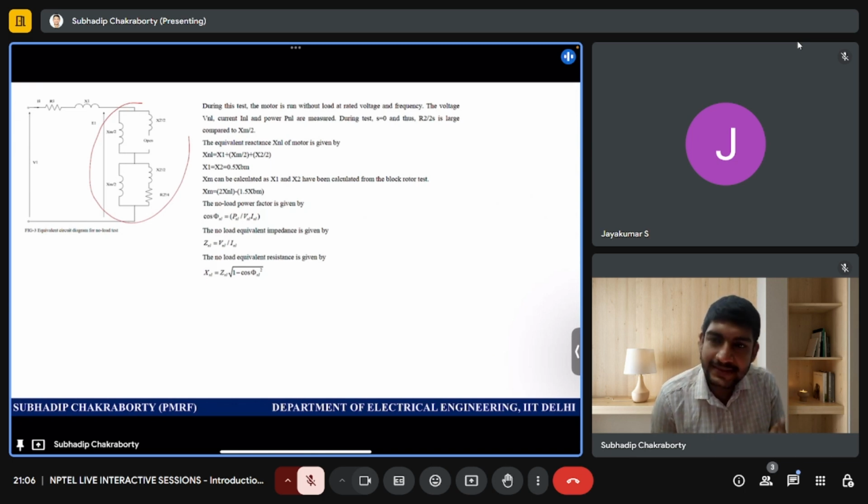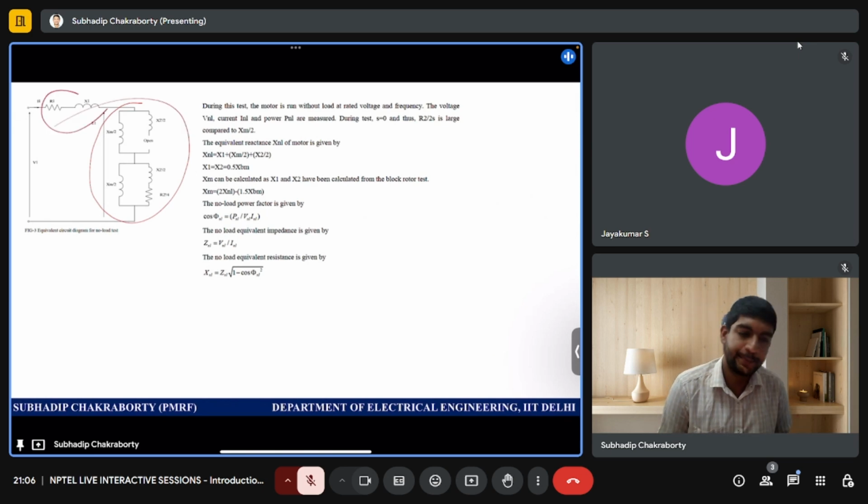Otherwise, energize only one of the coils; that will simplify the calculation. And individually for the series parameters, using the block rotor test, you have to do it 2 times: one for finding the auxiliary series parameters, the resistance and the leakage, and one for the main series parameters. Otherwise, it is all the same.